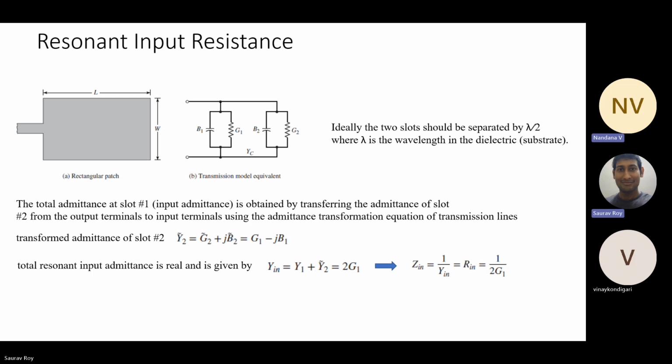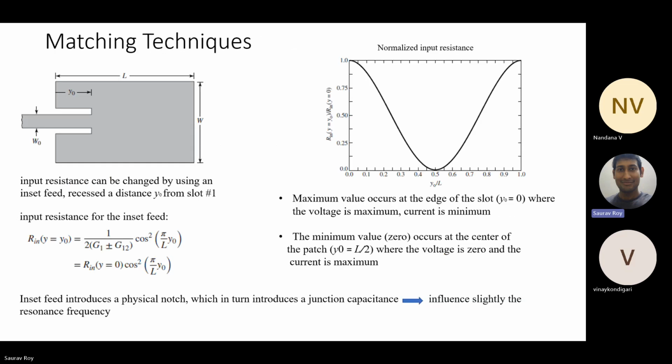Okay, then let's go to the next slide. Now they're saying what should be the matching technique. If you know the input resistance at port 1, how should we match the transmission line to the transmission circuit? Because basically you should have 50 ohm matching, right? Then only maximum power will be transmitted.